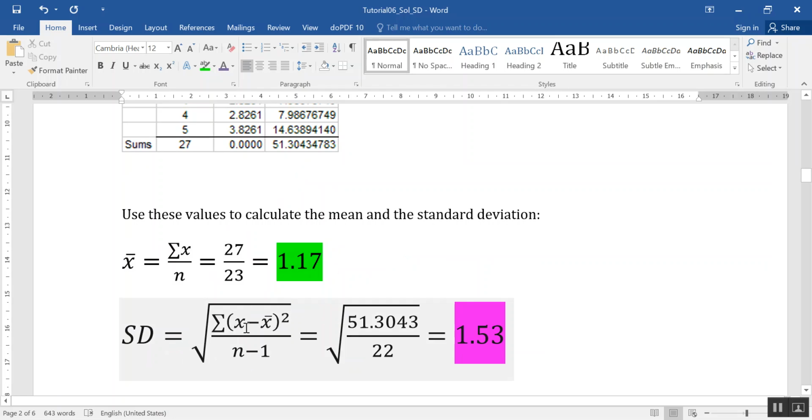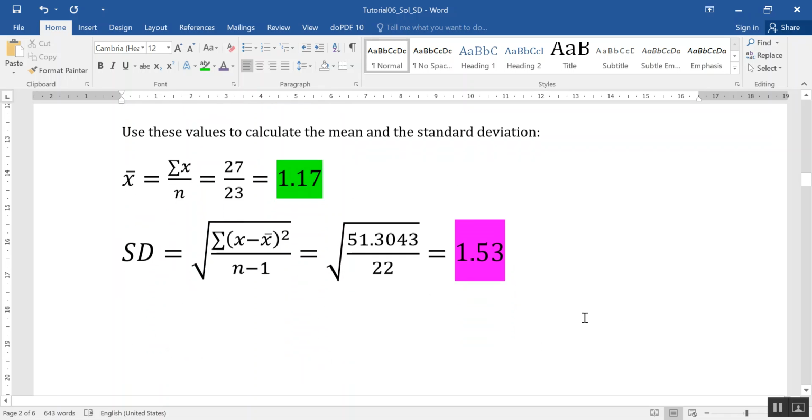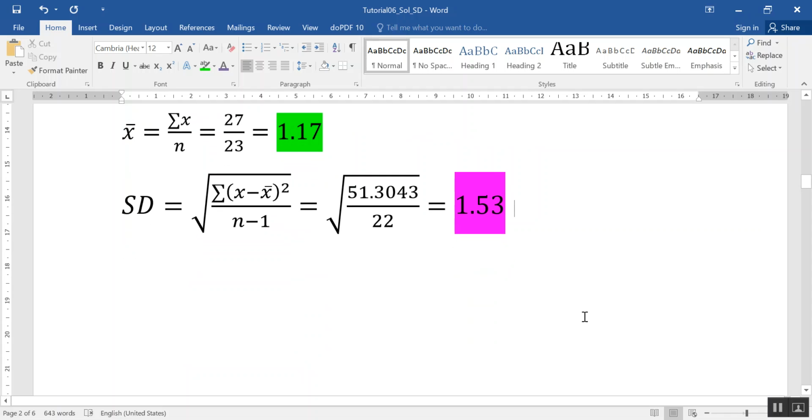As you know, x minus x bar, which means every value you minus with the mean, square them, sum all, and divide by n minus 1. N here is 23, so minus 1, because we are using a sample. Then square root it, and you should get 1.53. I believe all of you would have got it. If you don't, you can check in our group and we can always discuss.